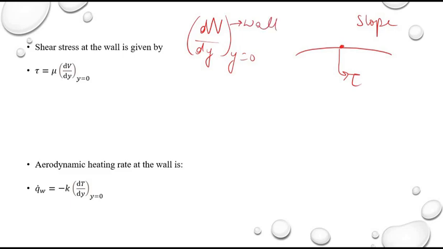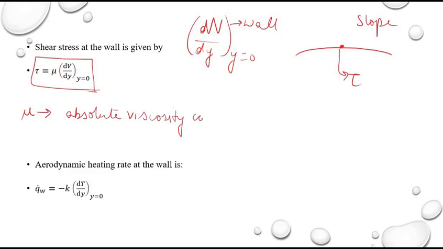If I want to write shear stress at the wall, this is how I am going to denote shear stress mathematically. As discussed previously, mu is my absolute viscosity coefficient, or you can just call it viscosity.